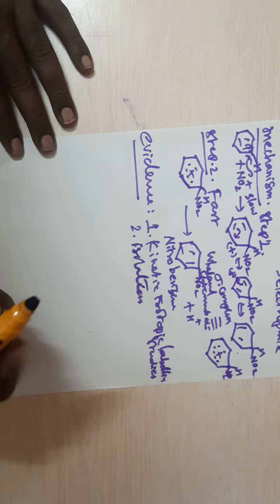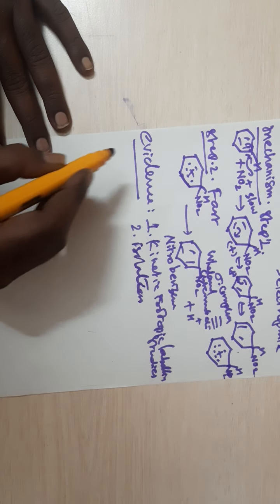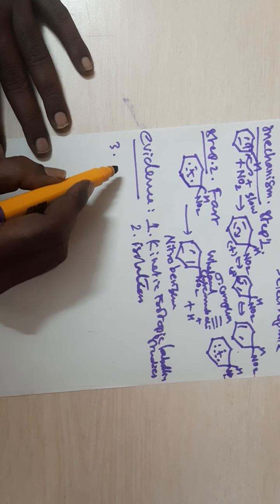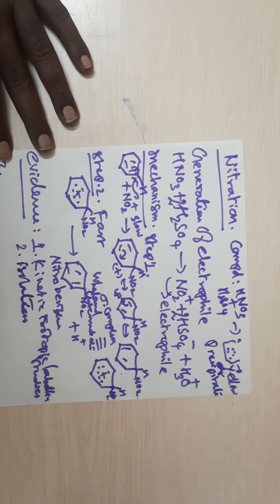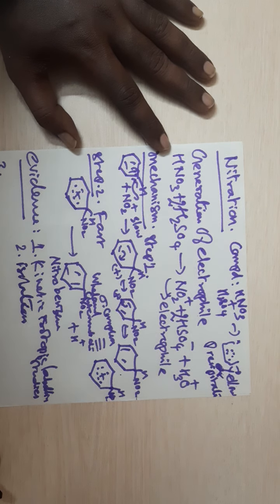In addition to this, there is one more evidence for the nitration reaction. We know some of the compounds which are having the NO2+ group ready. See, before discussing the nitration mechanism, I discussed with you how the electrophile, namely NO2+, is generated.